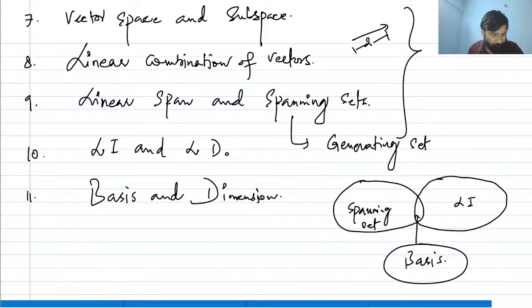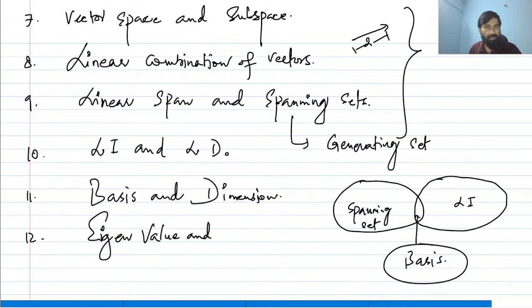and then we will talk about a very important concept, eigenvalue and eigenvector, right? So I will also ask what is the difference between a simple vector and the eigenvector.